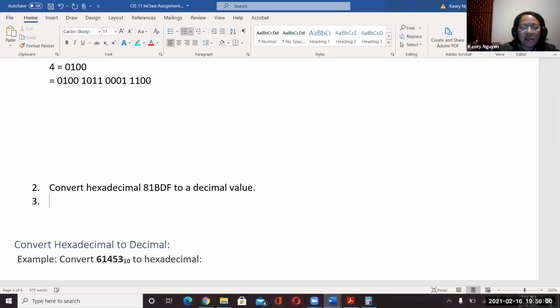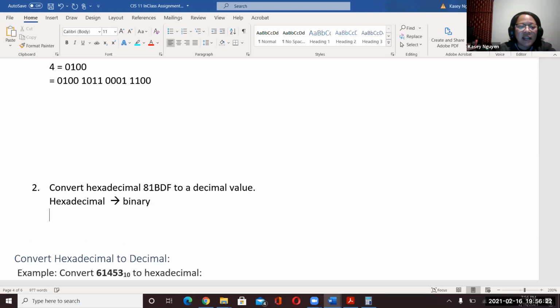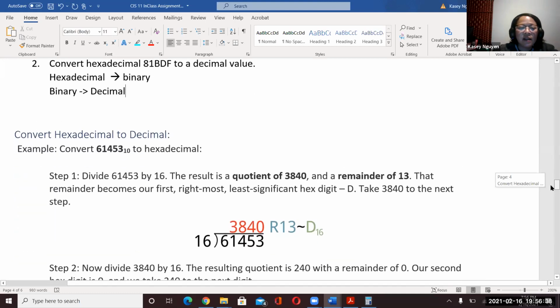A lot of students, and I think it's easy to do, a good way without having to use your calculator, is to first take the hexadecimal, convert it to binary like what we just did, break it down into 4 bits, and then take the binary that you find and convert it to decimal. Two steps. Or you can use the division method that's shown here.